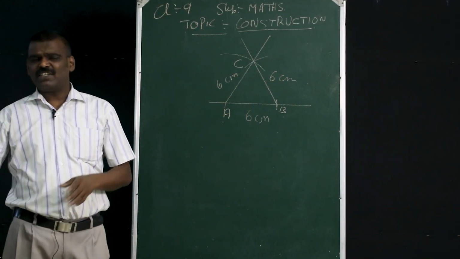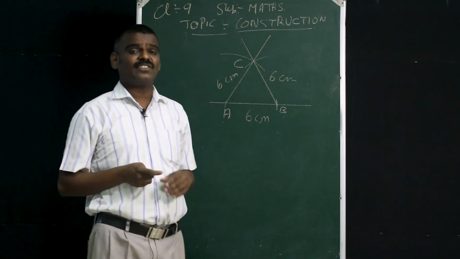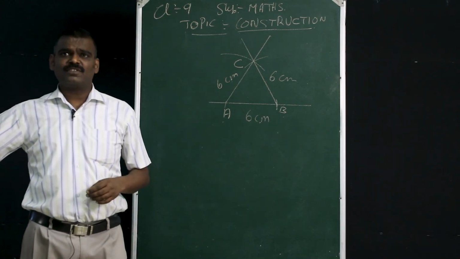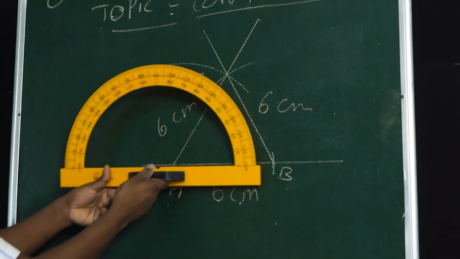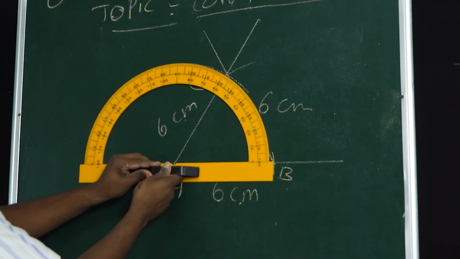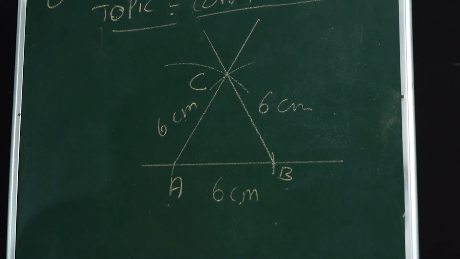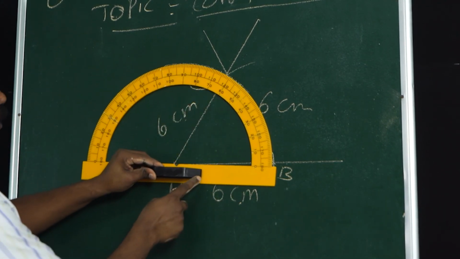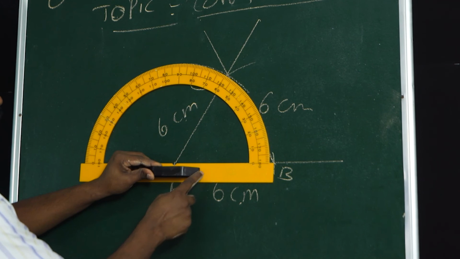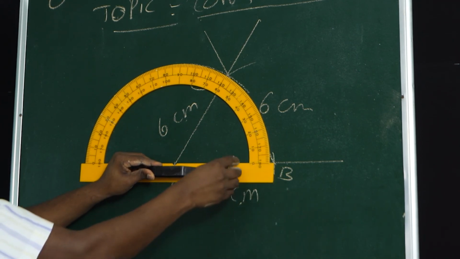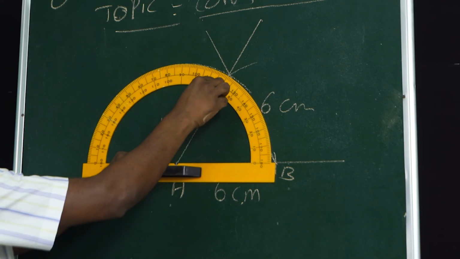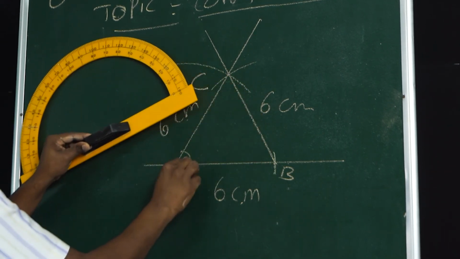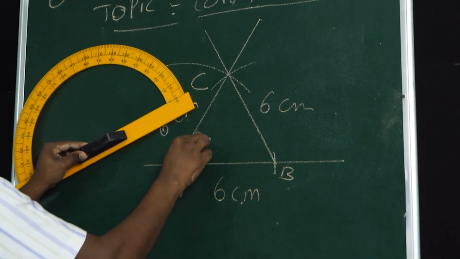Now, if it is an equilateral triangle, all the angles also must be equal, right? Let us see whether all the angles are equal or not. We are going to measure angle A. Keep the protractor at point A with the bottom line along AB. Now 0, 10, 20, 30, 40, 50, 60 degrees coming, right? So how many degrees? 60 degrees.